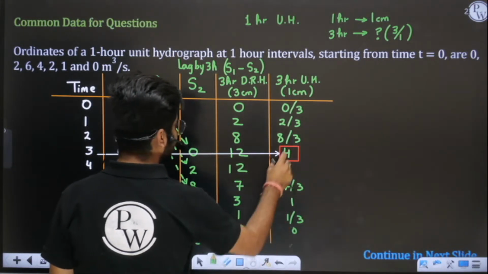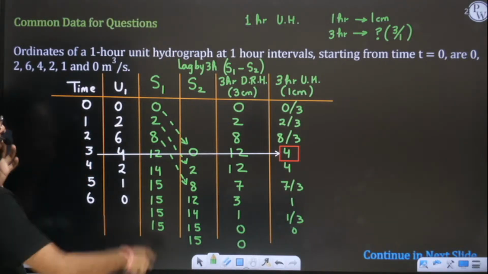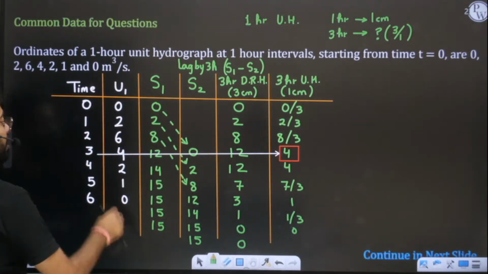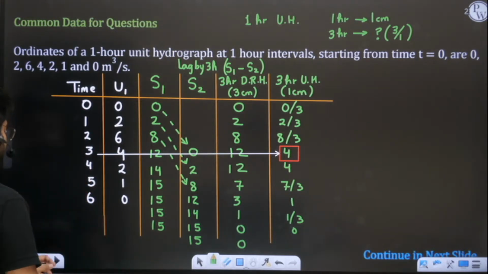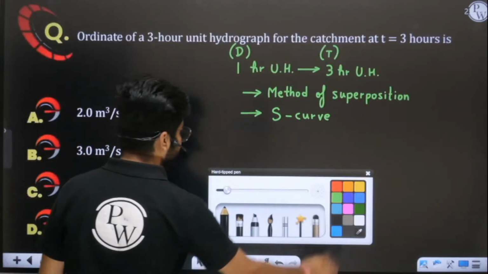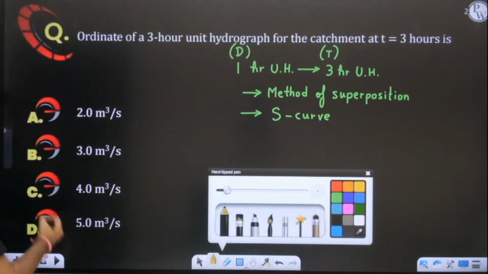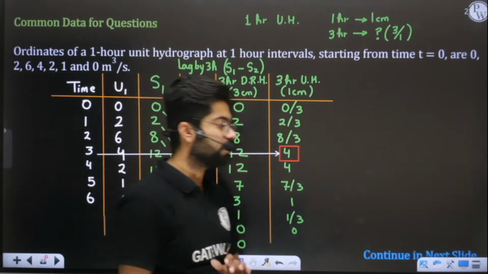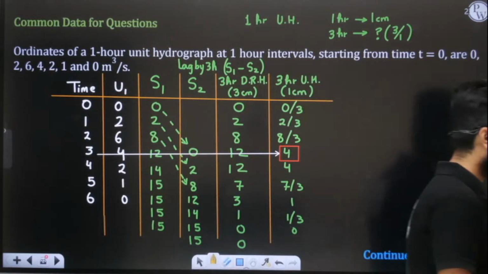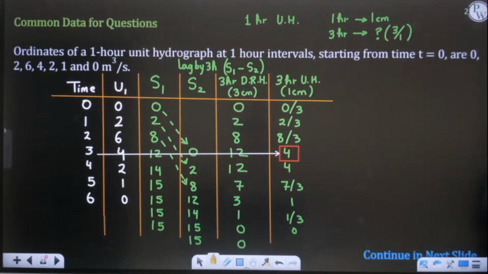The 3 hour unit hydrograph has an ordinate of 4 meter cube per second at t equal to 3. So my answer will be 4 meter cube per second. Simple 2 marks problem.